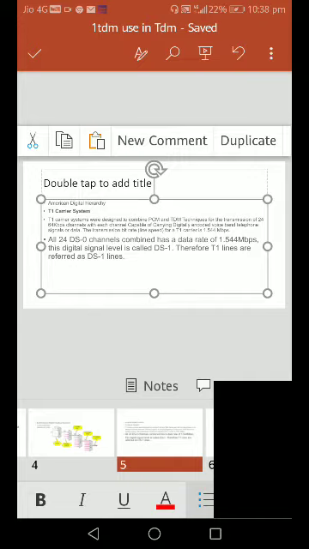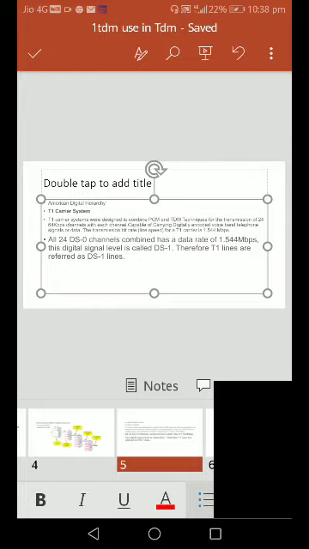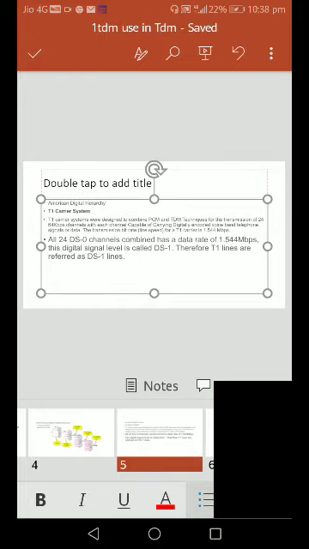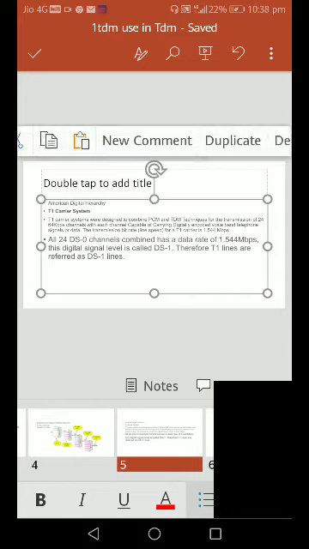All 24 digital signal 0 channels combined have a data rate of 1.544 megabits per second. This digital signal level is called digital signal 1.